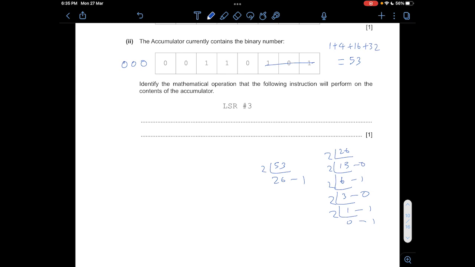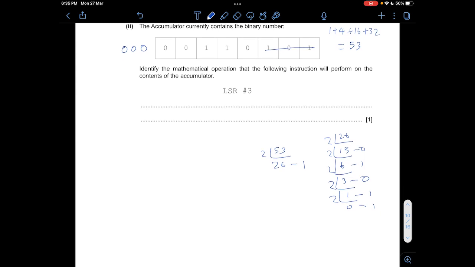So now when we arrange it, we'll get 0 0 0 1 1 0 1 0. Now see what happens.